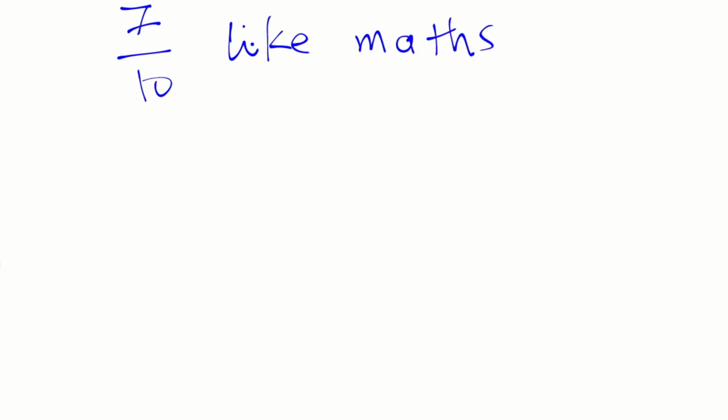And so we write down the information we have from the question. So students who like mathematics, the fraction is given as 7/10. So 7/10 like maths.